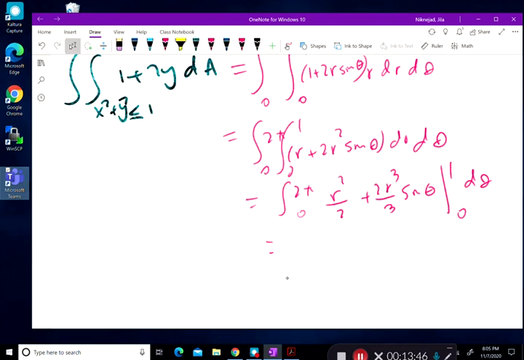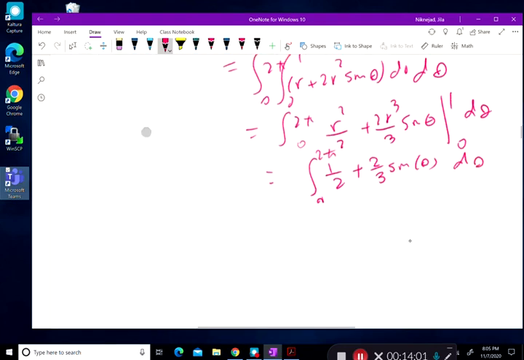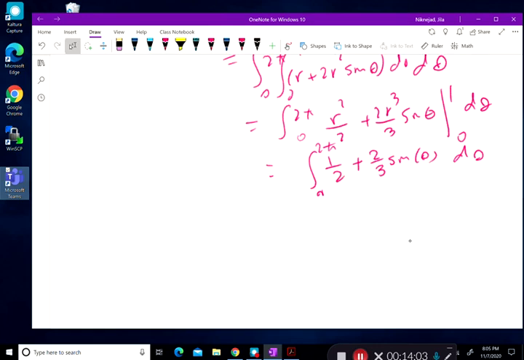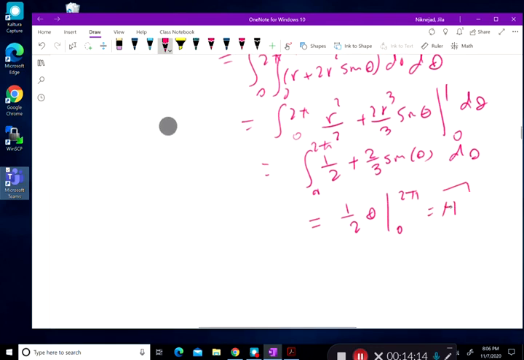Plugging in 0 is going to give you 0. Plugging in 1 gives you 1/2 plus 2/3 sine theta, with theta from 0 to 2 pi. The sine theta part is going to go away because it's going to be 0. So you end up with 1/2 of theta from 0 to 2 pi, which is pi. So the right hand side also ends up to be pi.